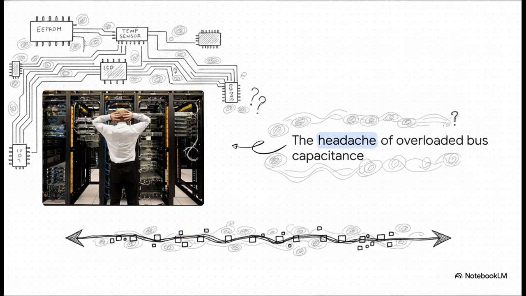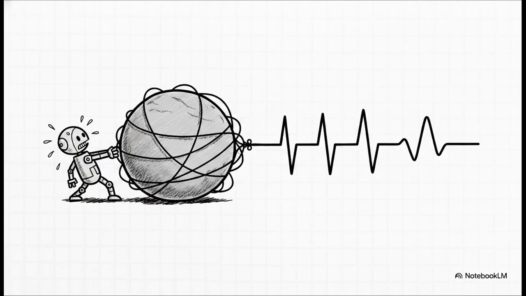Every single device you add and every inch of copper trace you route across your printed circuit board acts like a tiny capacitor, and before you know it, your bus is heavily burdened with capacitance. Because here are the strict physical limitations we run into. The I2C specification states that the internal FETs of a microcontroller generally only have about a 3 milliamp drive strength.